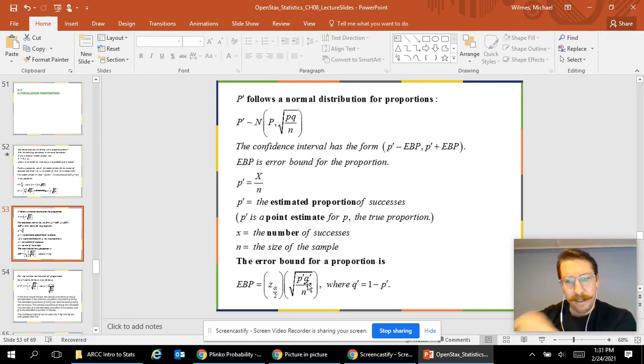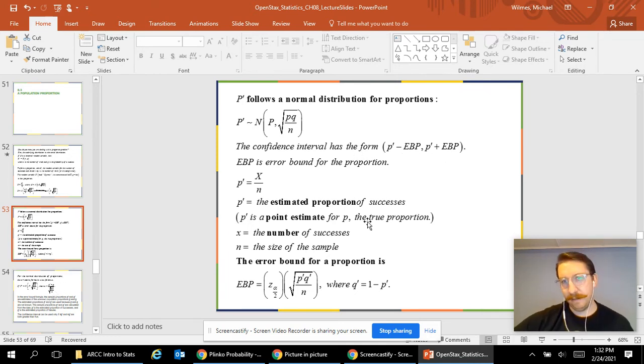Q prime is 1 minus the chance for success, so that's just the complement. If our chance for success was 60%, q prime would be the opposite, 40%, so 0.4. Then we divide by the number of trials and square root it. We take all that and get our EBP. We subtract it, add it, and that's our confidence interval.